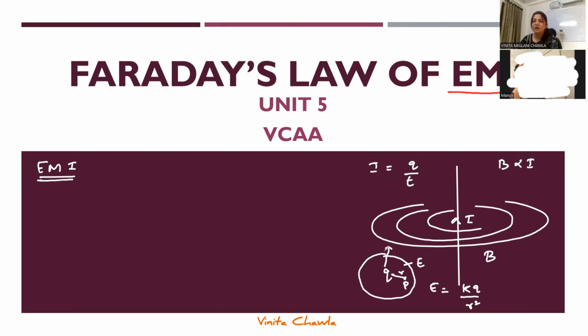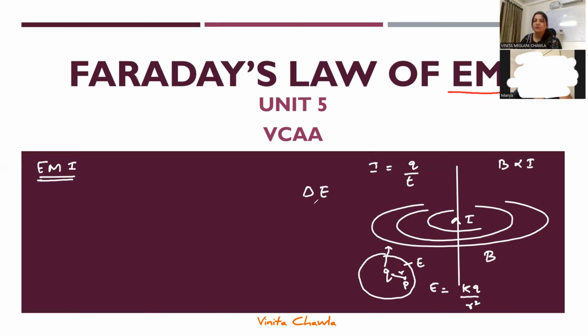And moving charge constitutes current, right? Charge is moving, so current will be produced. And because the charge is moving, there is change in electric field intensity at any point P. Because of this movement of charge, current is produced, and because of the current, there is magnetic field.